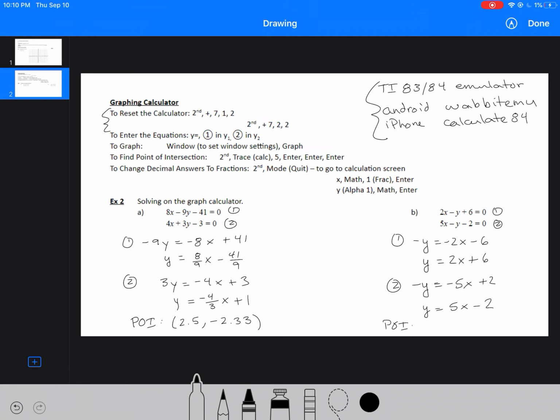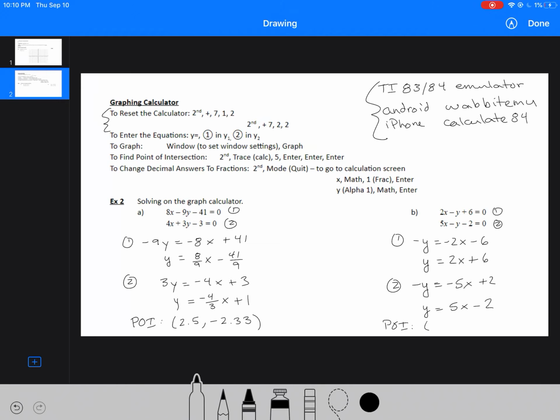And then I'm going to follow the same steps on my graphing calculator. So I'll go back to my y equals screen, clear the equations that I had from the previous question, and re-enter these ones. So 2x plus 6 and 5x minus 2. I'm going to graph those two equations. And on this one, I have to change my window settings to be able to see where the point of intersection is.